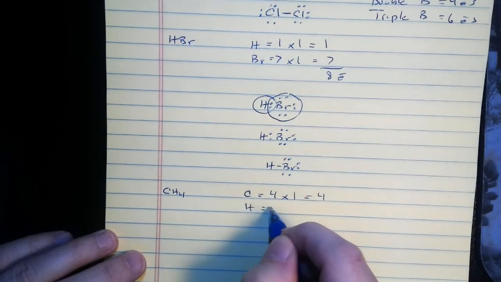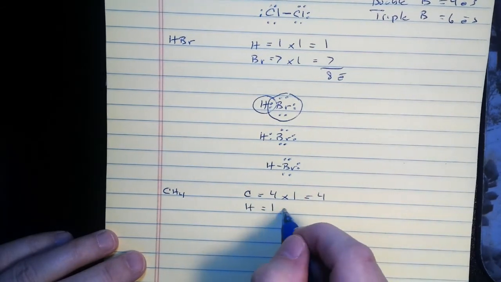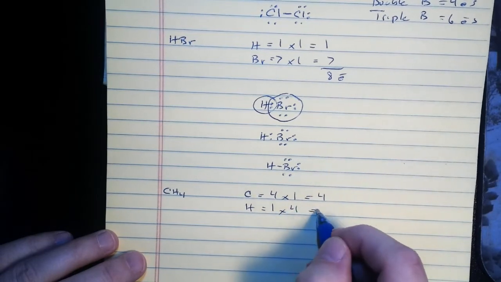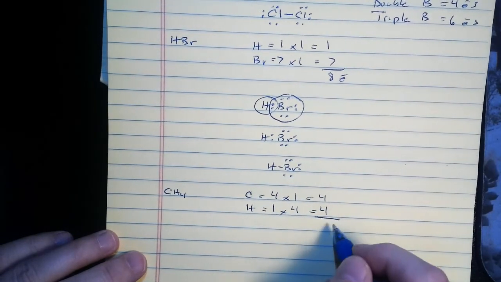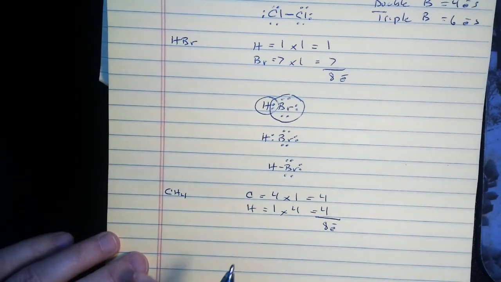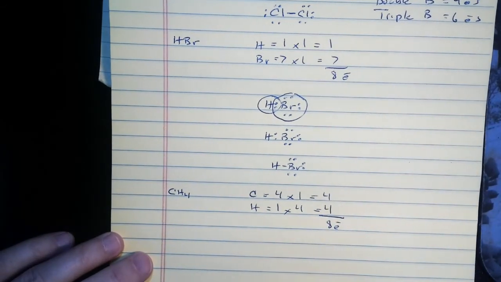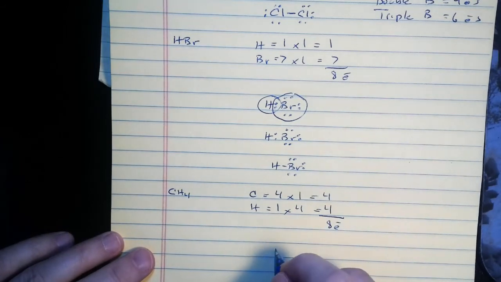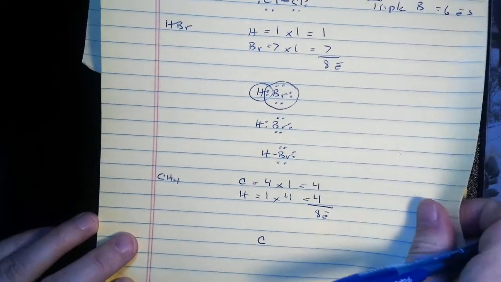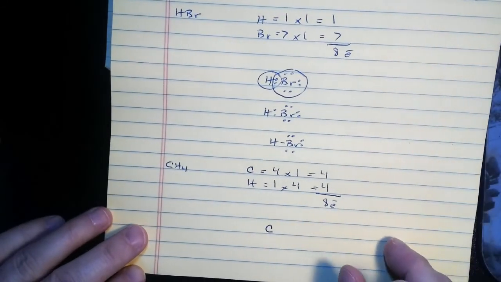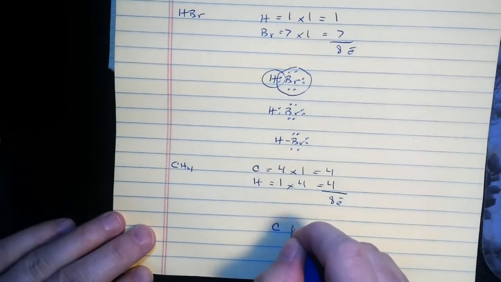Hydrogen, group 1 again, is 1 valence electron, but we have 4 of these atoms, equals 4. So we're totaling up to 8 electrons to put around these 5 atoms. Carbon loves the middle, so carbon's going to go in the middle, and then we're going to put hydrogen around it.